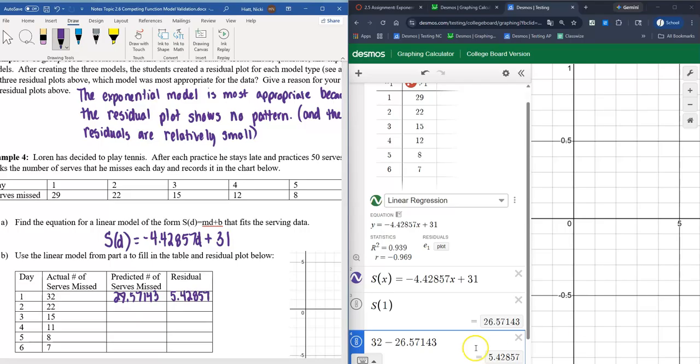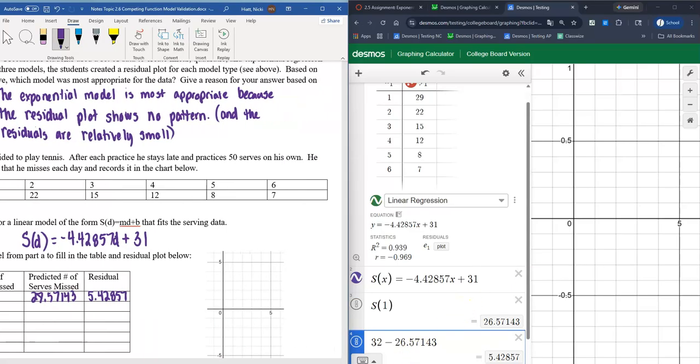So if I'm making a residual plot here, then over here on this graph, this is days, and on the y-axis I have residual. So for day 1, I would have 5.42857, somewhere about right here. And that's showing me that my actual is a little too high, right? My actual is higher than the graph predicted.